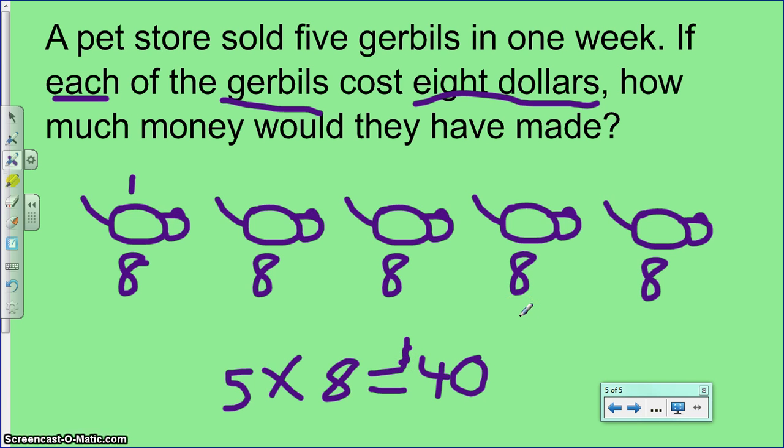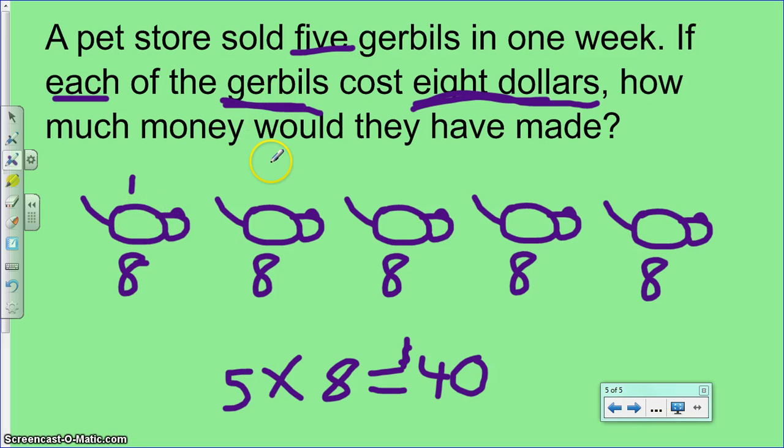Okay? So again, as you're looking at these word problems, you might not actually see the words equal groups or equal rows. Sometimes you will, sometimes you won't. But what you're looking for in these word problems is the making of equal groups. In this case, the gerbils sort of represent those equal groups, because each single one was $8 and they sold 5 of them.